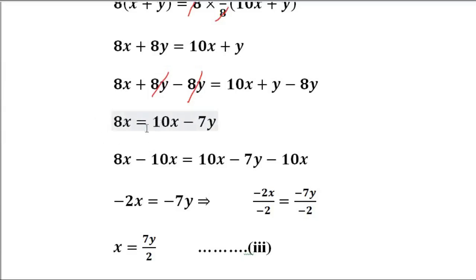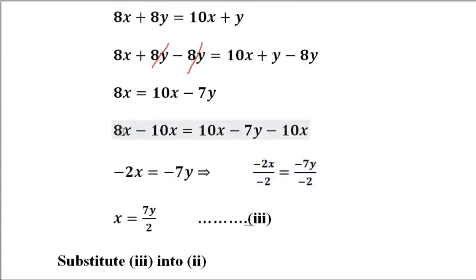Since we are solving this equation for the variable x, let's subtract 10x from both sides. We get 8x and negative 10x equals 10x and negative 7y, negative 10x. We know that positive 10x and negative 10x is 0.